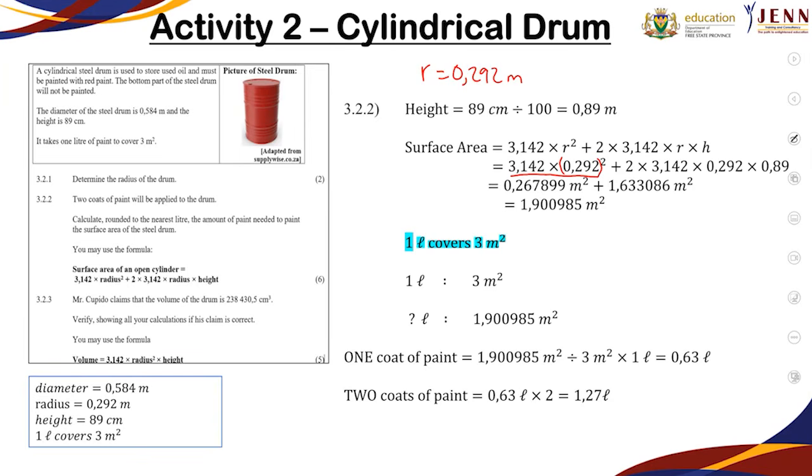Let's remind ourselves: I'm taking the radius of 0,292 meters and I square that. Then I plus 2 multiplied by 3,142. Then I'm going to multiply by the radius again of 0,292 meters, and then multiply by a height of 0,89 meters.